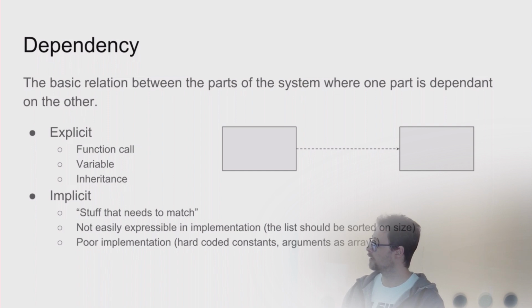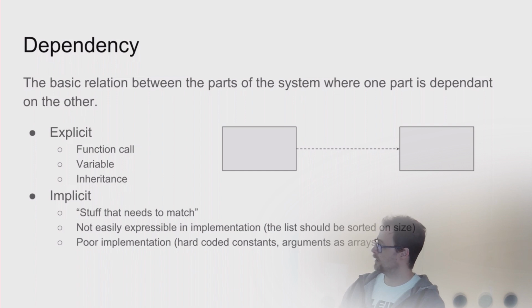But in the long run, you create all these implicit dependencies that are not easy to spot, and when you then try to extend this program, you don't really understand why it's not working, why it's hard to reuse, why it's hard to change. It's often because you have a lot of implicit dependencies between your parts of the system.